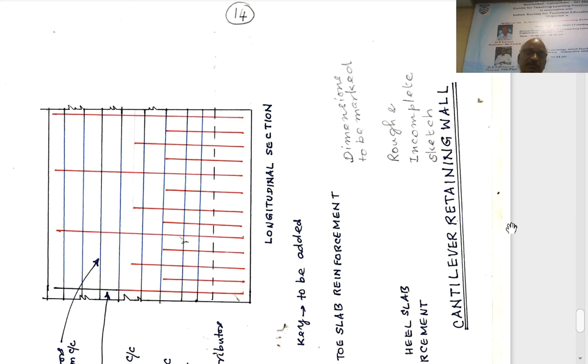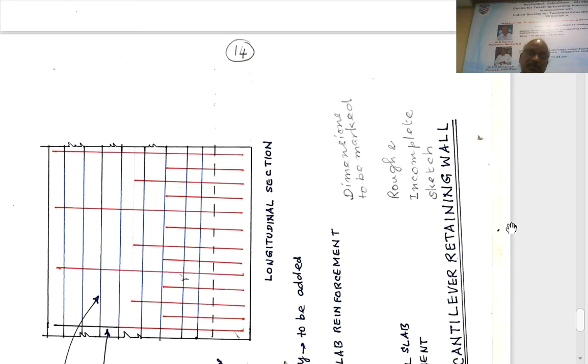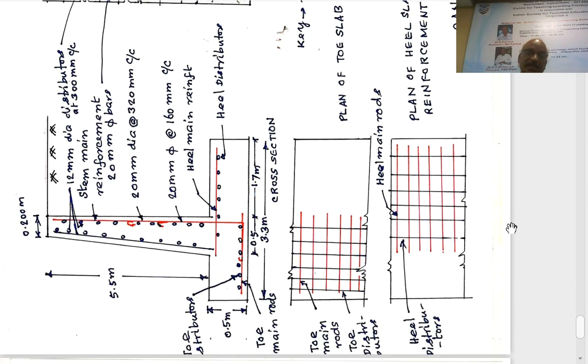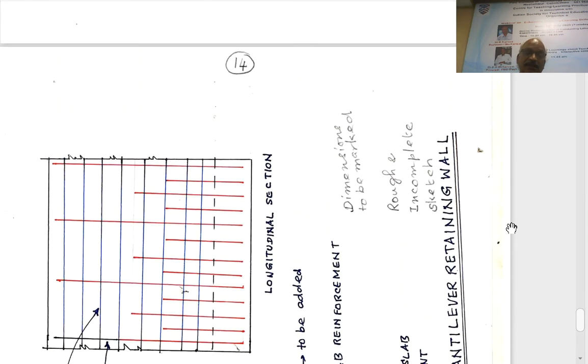Here also we have seen only the main reinforcement and distributors. The bars in the cross section are to be simply extended, and we have not shown the reinforcement for the base slab, toe slab and heel slab. It is not shown here.